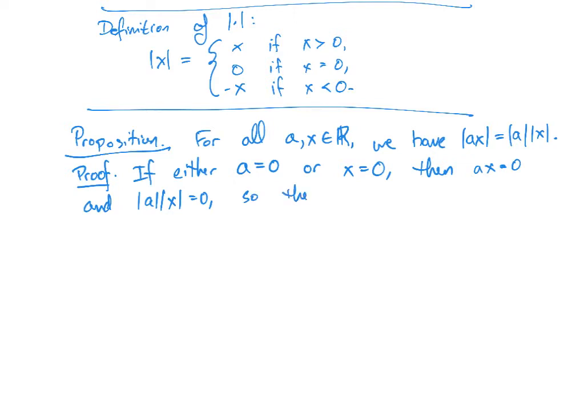So I'll just lump those together and say then the absolute value of A times the absolute value of X is 0. So the result holds, because both the left and the right will be equal to 0.